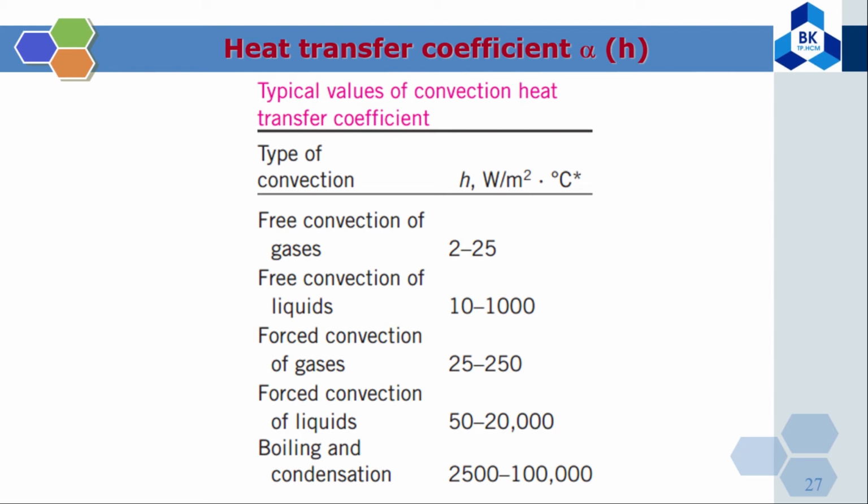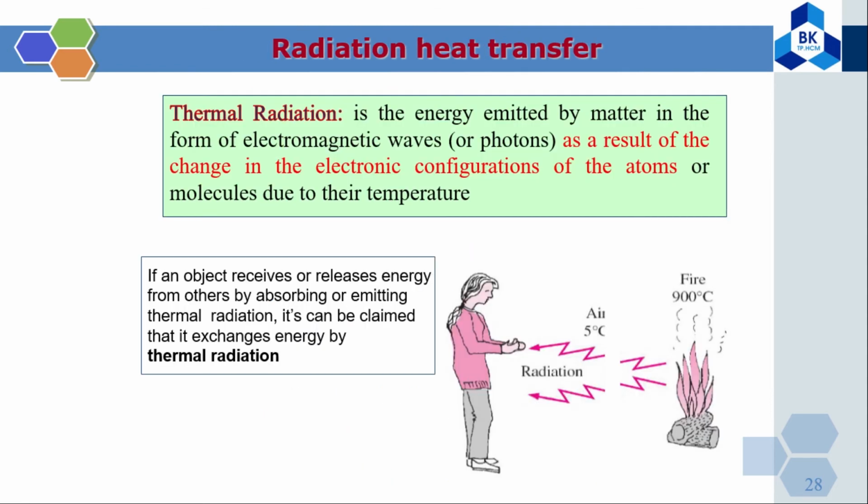If you force the air, that means you get forced convection, and the coefficient of the gas increases about 10 times, up to 25 to 250, and for liquid it goes up to 50 to 20,000. For boiling and condensation, the heat transfer coefficient goes up to 2,500 to 100,000, so it increases a lot.